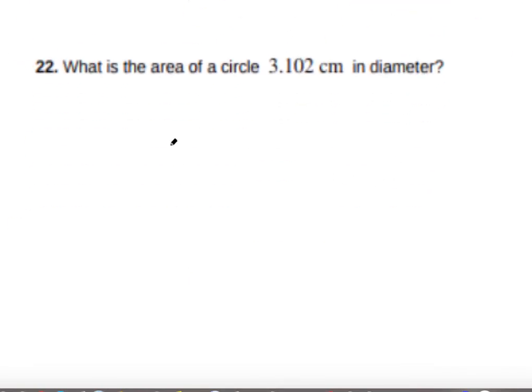Continuing, 22 says, what is the area of a circle that is 3.102 centimeters in diameter? So first off, I'll remember that the area for a circle is pi times radius squared. So this is given as diameter. So first I'm going to find my radius, which is diameter divided by 2.